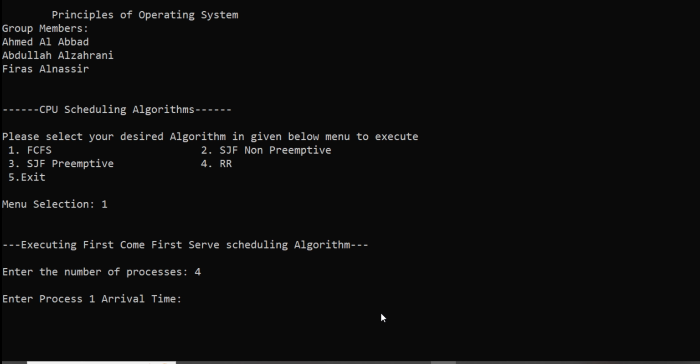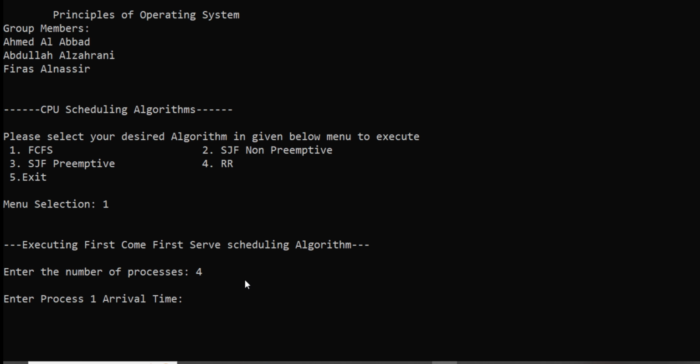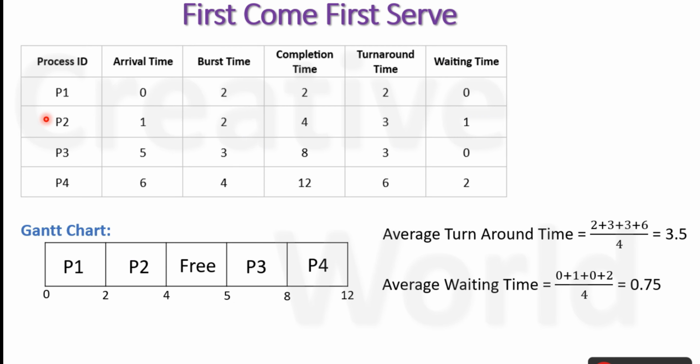Now it is asking for the arrival time of process 1. So we can see that the first process arrived at time 0 and the burst time of this process is 2. Next, the second process arrived on 1 and its burst time is 2.